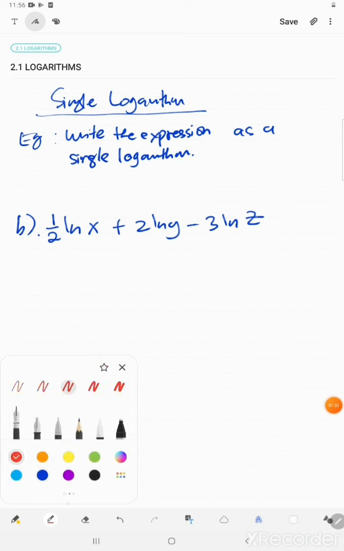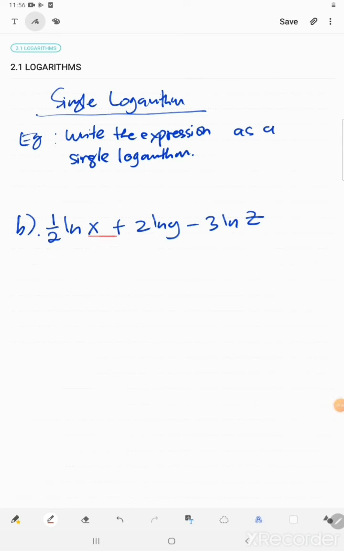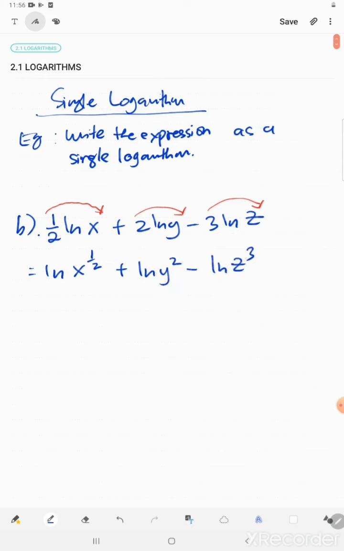Okay, example B, we have here 1 over 2 ln x plus 2 ln y minus 3 ln z. Okay, first step, you bring the numbers to the back. So the answer here will be ln x power of 1 over 2 plus ln y power of 2 minus ln z power of 3.